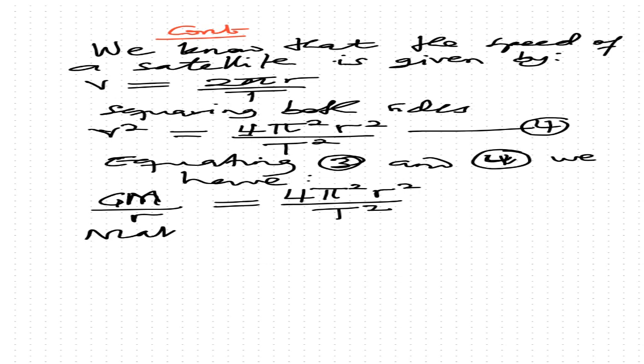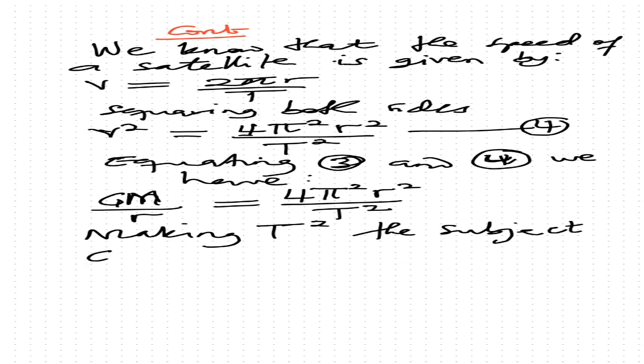So here our focus is to find t squared. So making t squared the subject, what do we get? We cross multiply, getting GM t squared equals 4 pi squared r cube, because the r will multiply the r squared and get r cube.